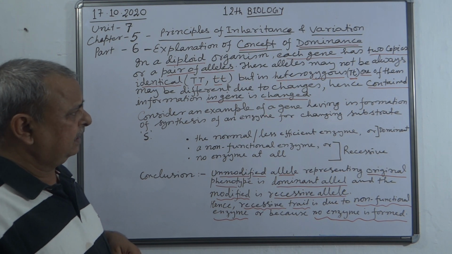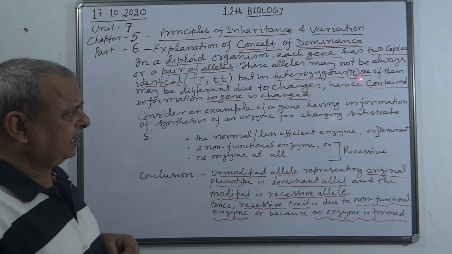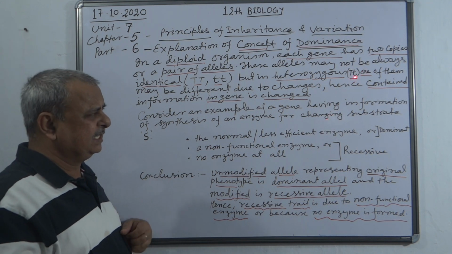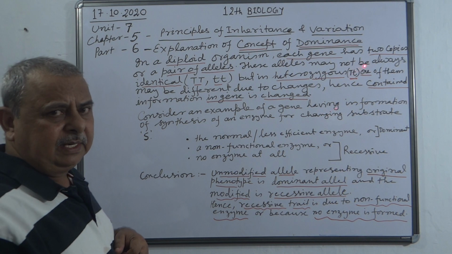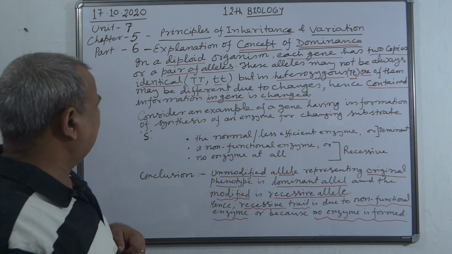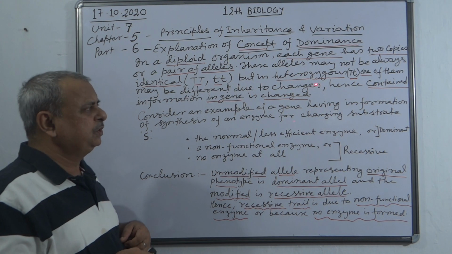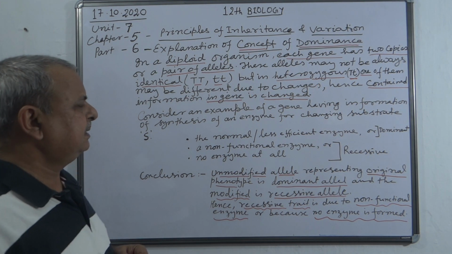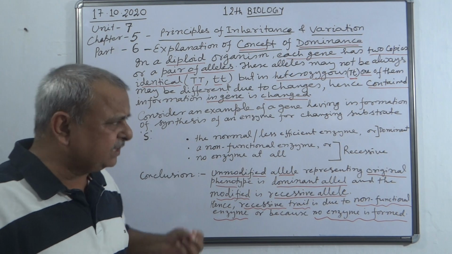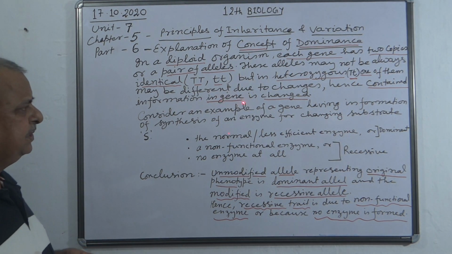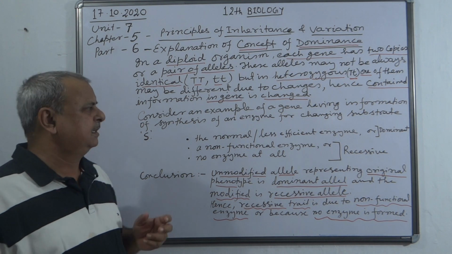But in the heterozygous condition, capital T small t, the F1 progeny of a Mendelian cross, the alleles may be different due to changes. Hence, whenever a change occurs, the information contained in the gene is also changed.